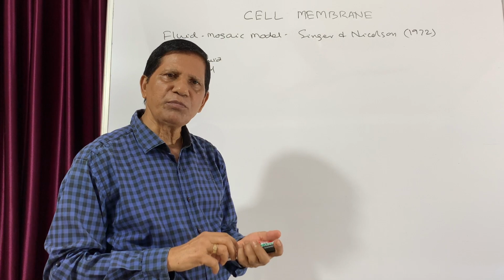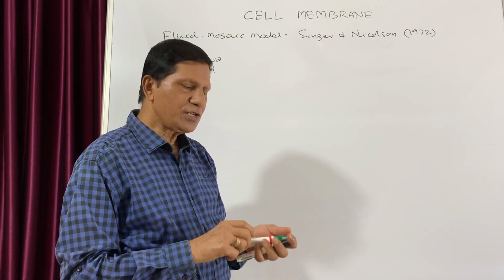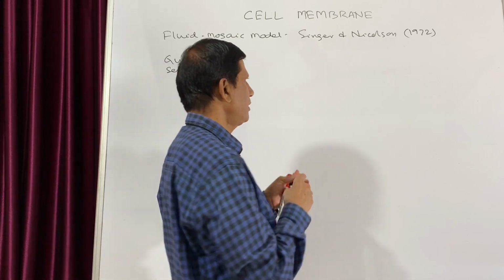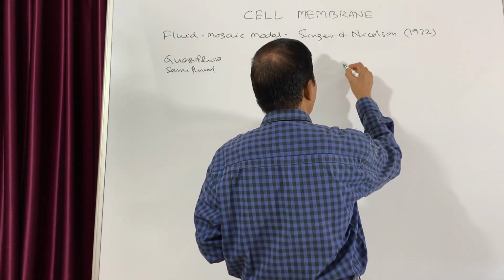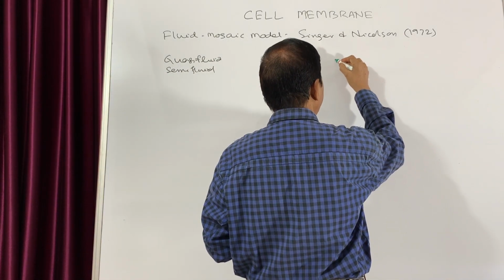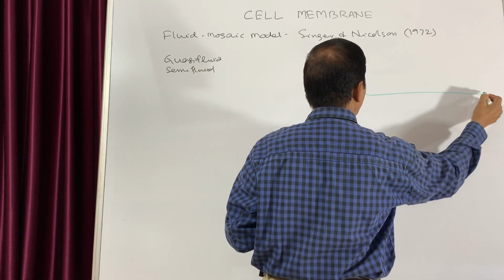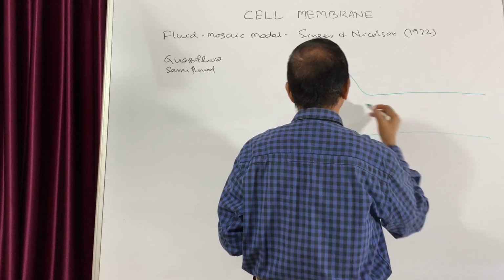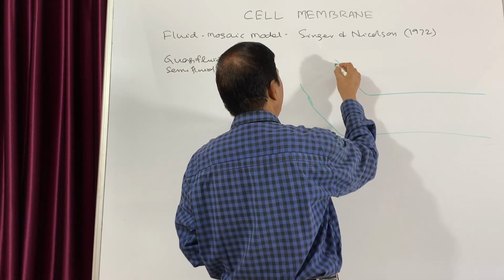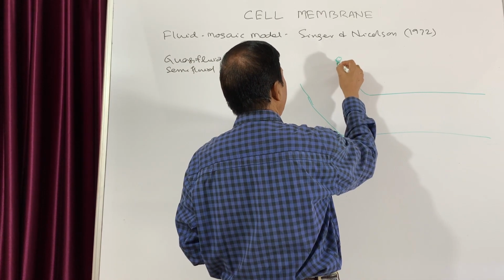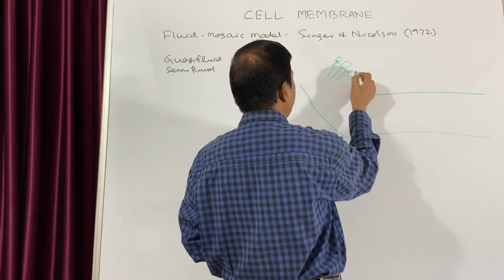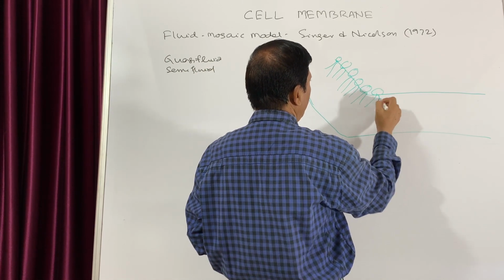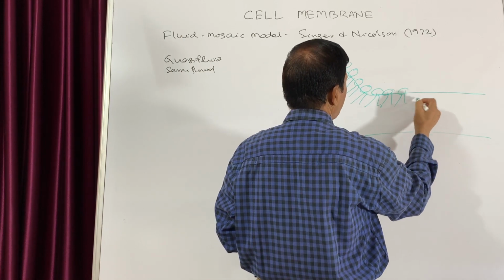So according to this fluid mosaic model, there is a bilayer of phospholipids. If you draw the diagram, this is the bilayer, and these are the phospholipids.